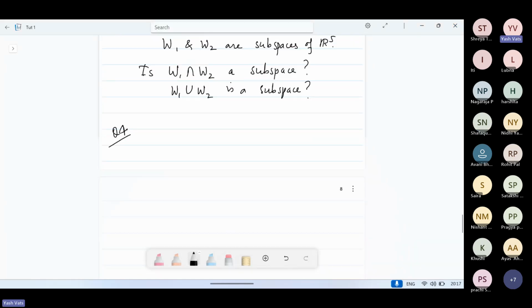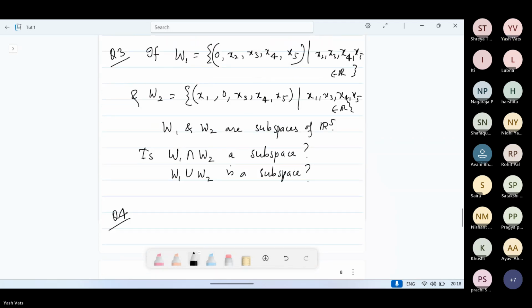In the meantime, you also check this thing. Which are subspaces? P is the vector space of all polynomials over R. You know all polynomials, right?